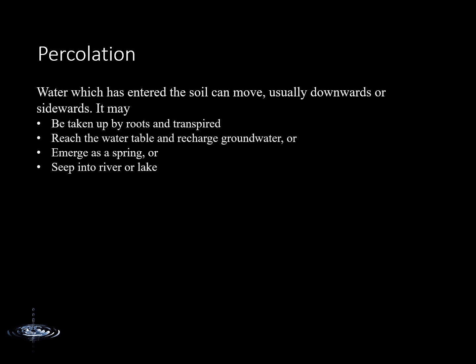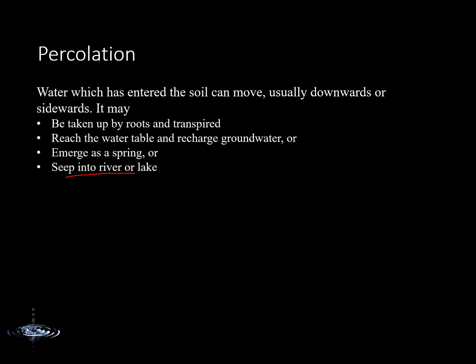And in those cases, if there is a favorable geological formation, the groundwater can be discharged to the surface, and that is what we see as the emergence of springs at different locations. And it can also seep into river or lake as well.